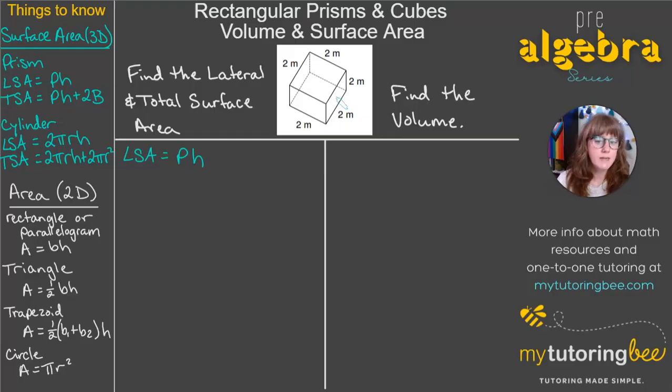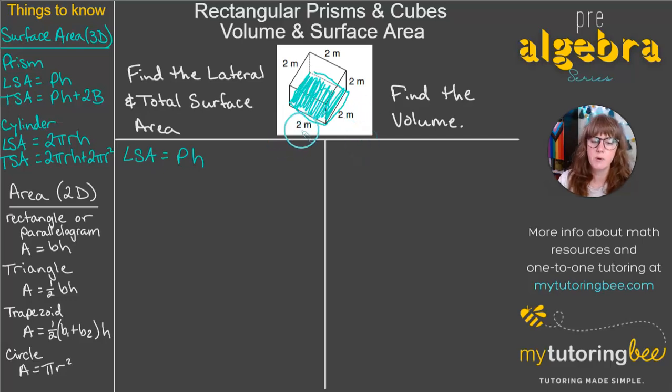Now, conveniently, because all of our faces of this three-dimensional shape are a rectangle, pretty much any of these rectangles could be our base. What we typically use as our base is whichever rectangle is on the bottom, as if it's sitting on the floor, right? So this would be the rectangular base that we would use.